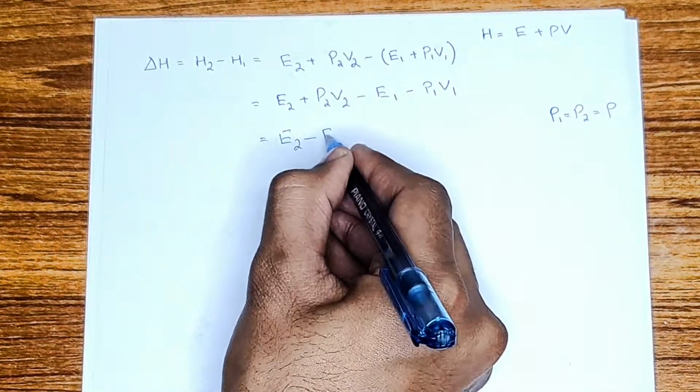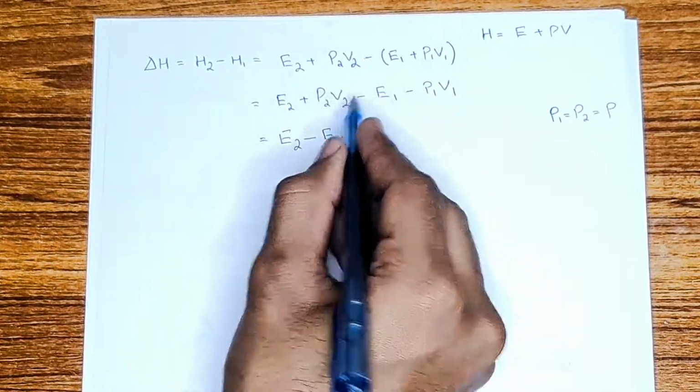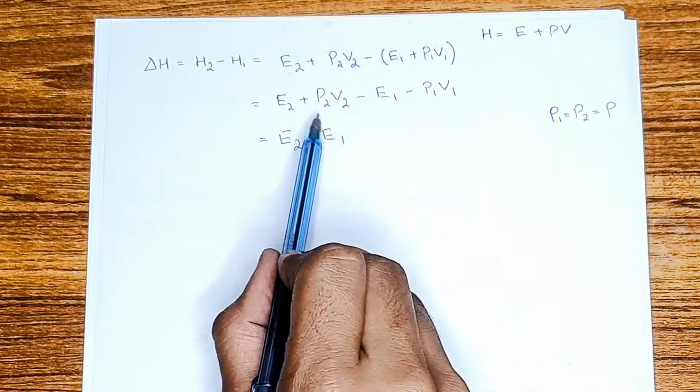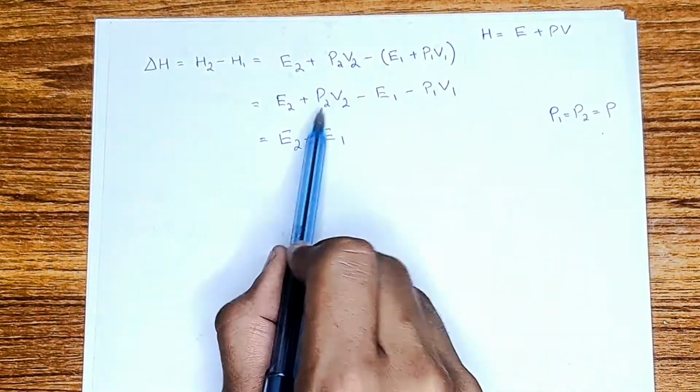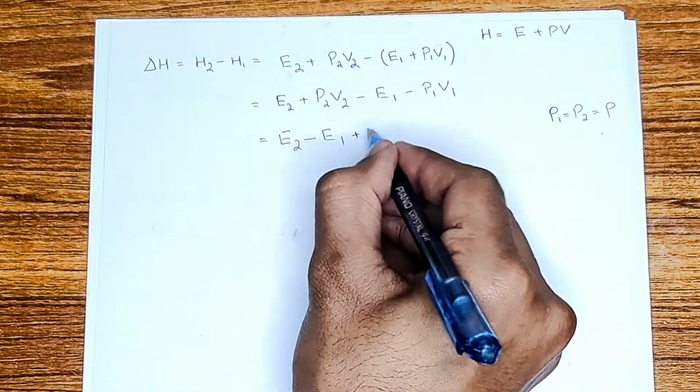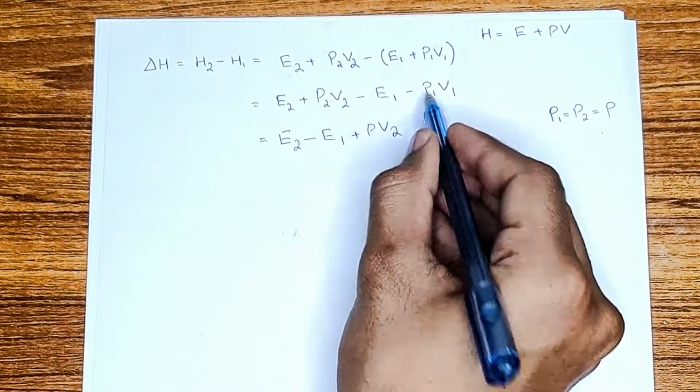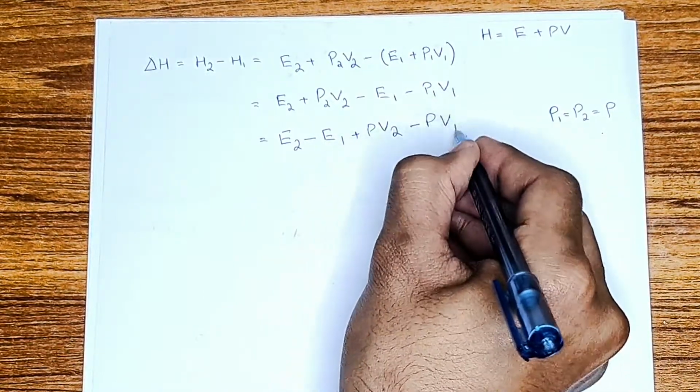Rearranging, the E1 will go behind P2V2. And again, I can write P instead of P2. So I'm just going to plug in that PV2 minus PV1.